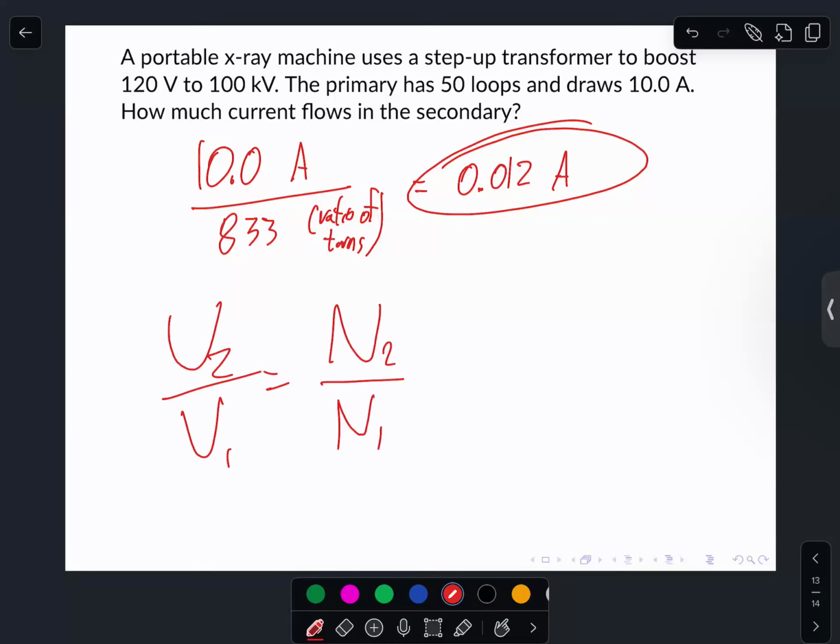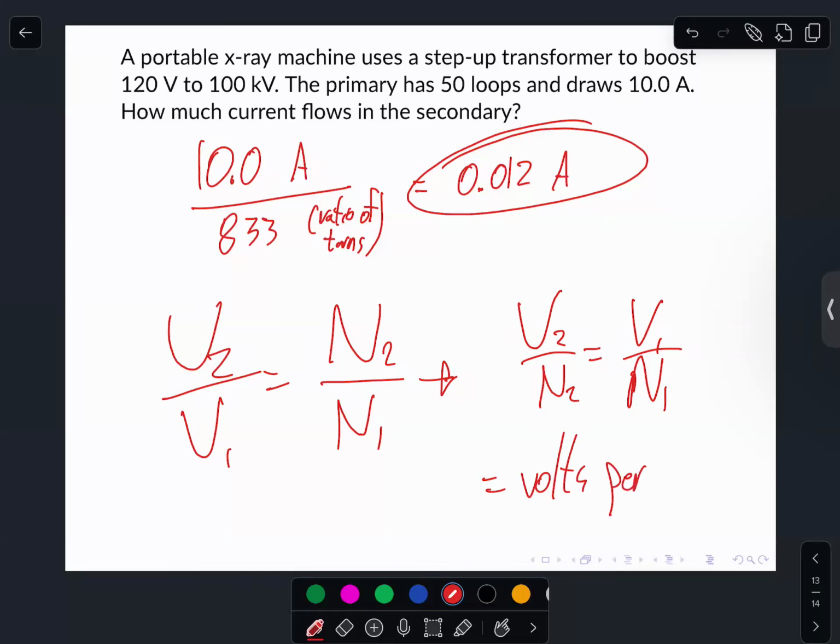Solve for V2 over N2 equals V1 over N1. This is just volts per each turn. That's delta phi over delta t that we've spent 3 lectures talking about.